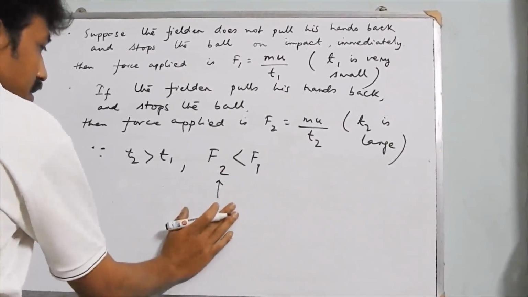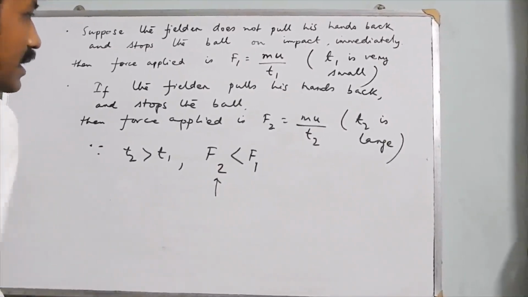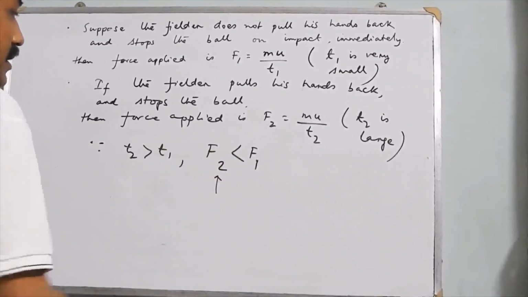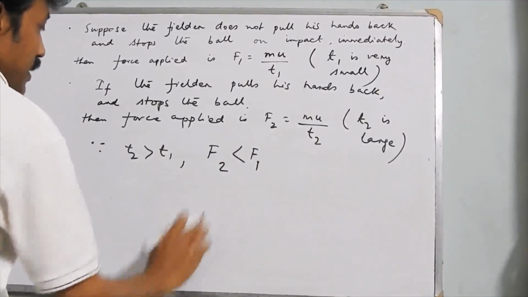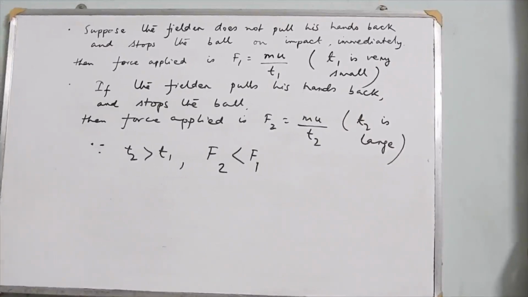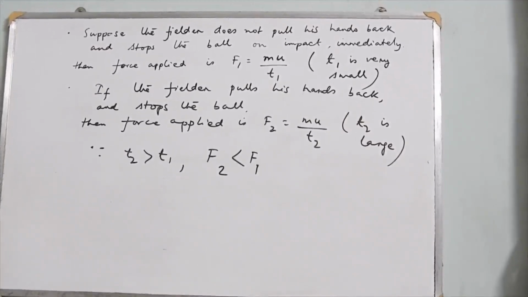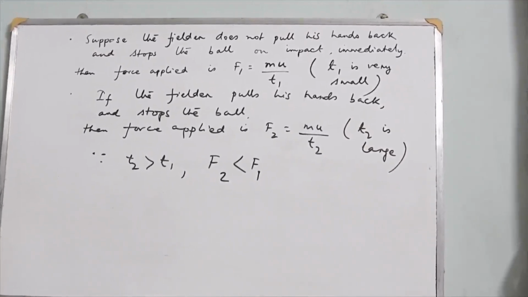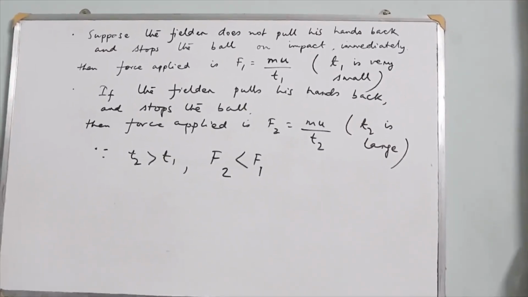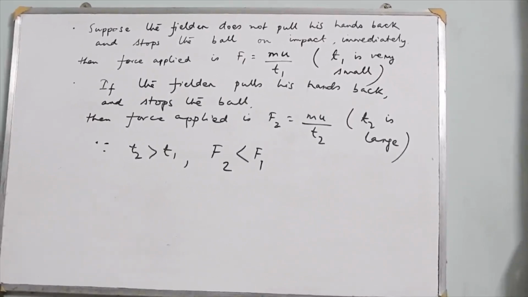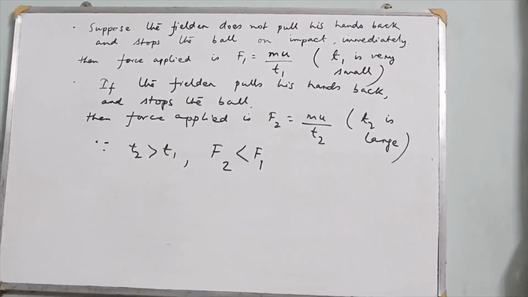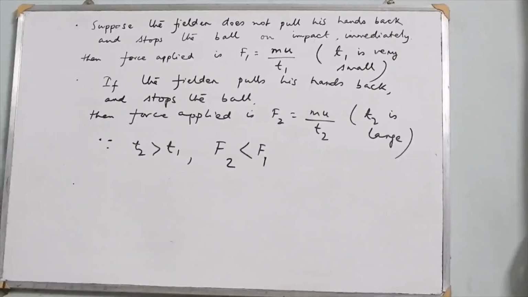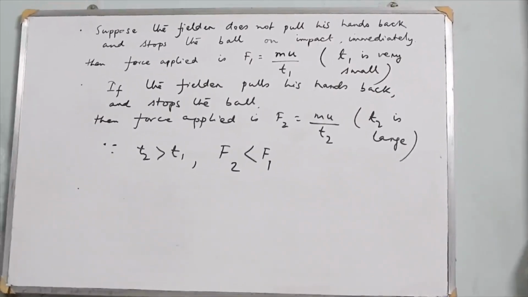It means the ball has taken large time to exert the force, and this saves the fielder from getting any injury. So definitely if you can increase the time of impact in certain situations, you can reduce the force considerably. So some other examples also you can take. Say for example, athletes often land on sand or foam after taking a high jump.